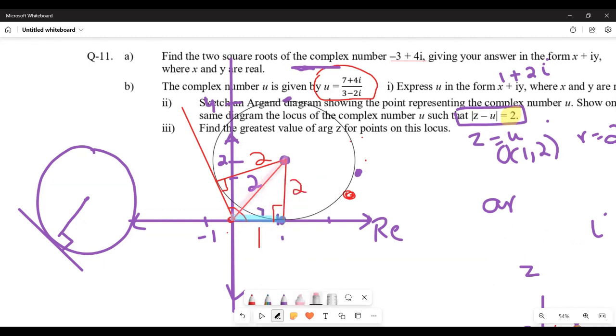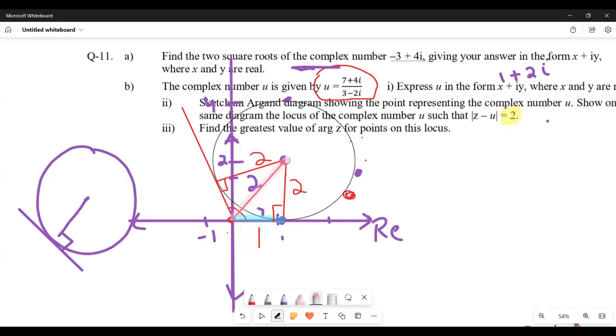So that length, the pink length is going to be, let's say this is x and this is O. So xo would be square root of 2 square plus 1 square, which is square root of 5. So this length here is square root of 5. 2 पुराना लिखा हुआ है, square root of 5.